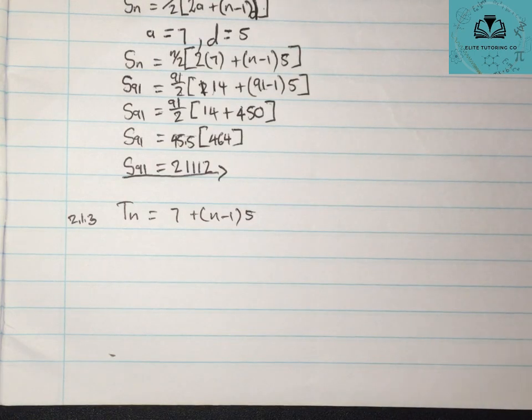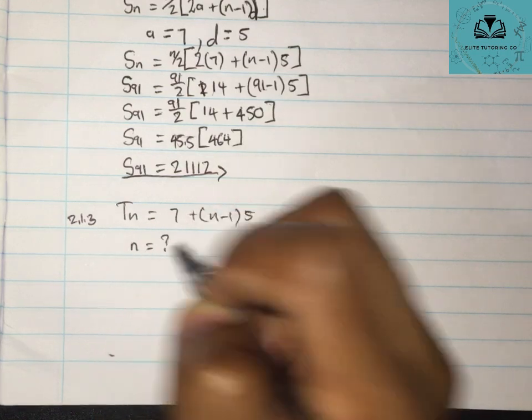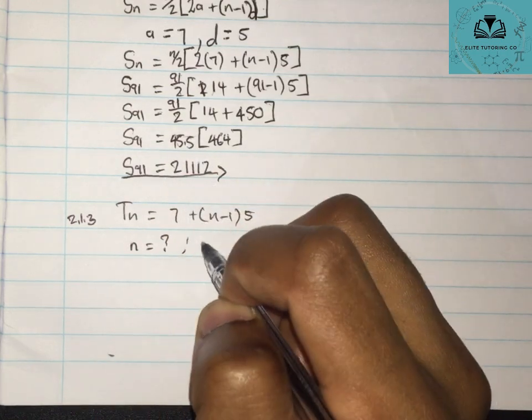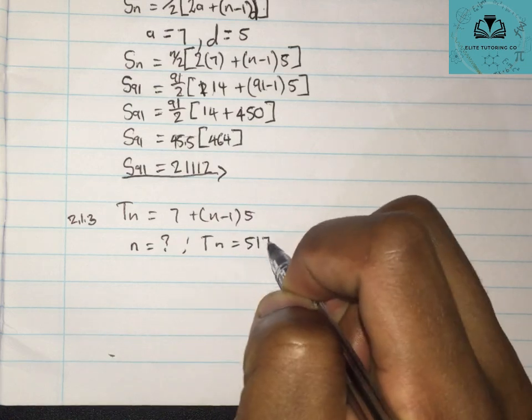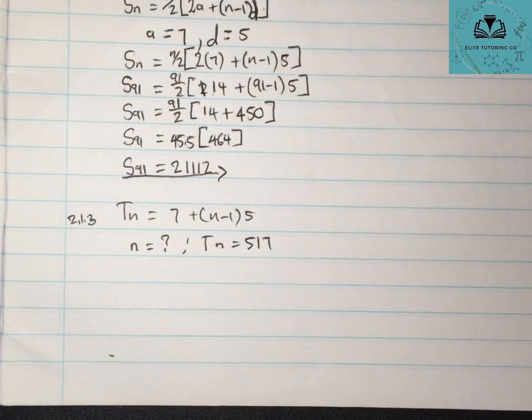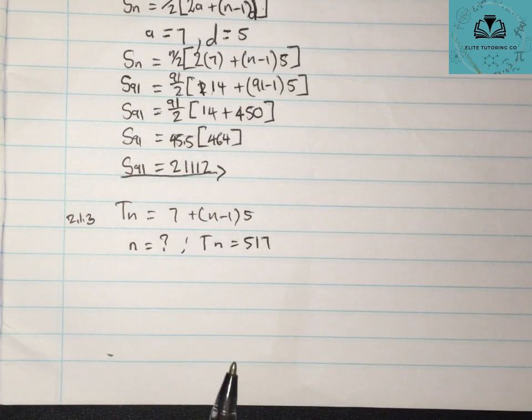Now in this case, they are saying we are looking for n. We don't know what n is, but we know that Tn is equal to 517. Now how do you find the value for n when you're given the value for Tn? You have the general term. You've only got one unknown in the general term, and you have the value for Tn, that is the term at the nth position.